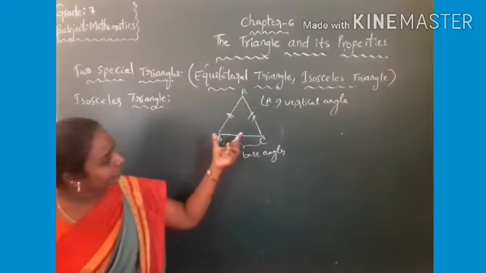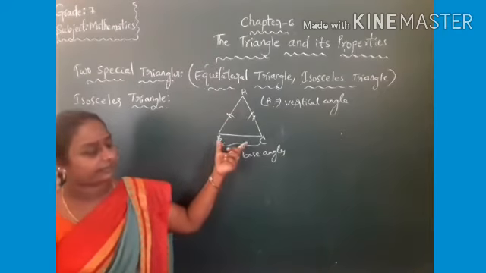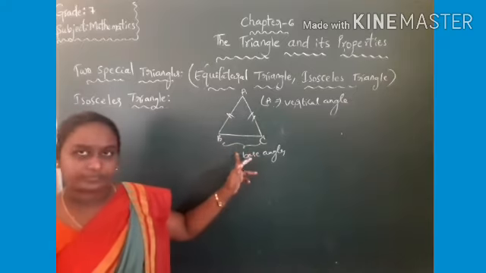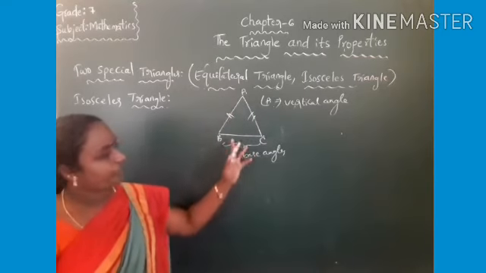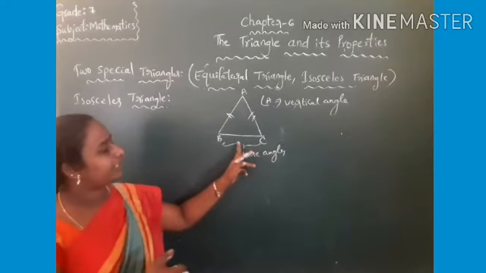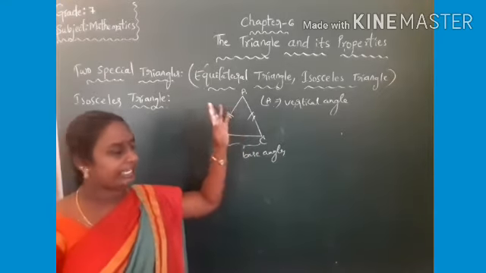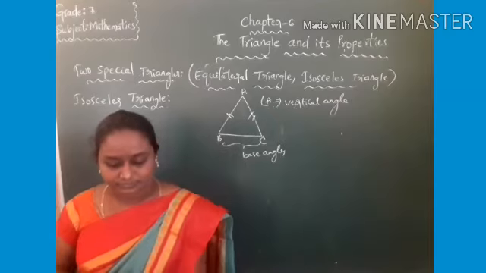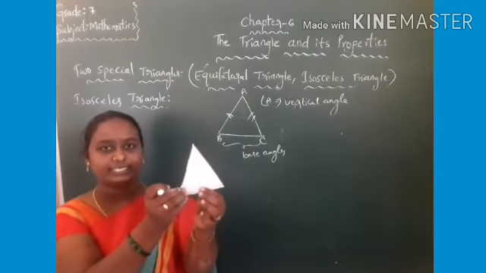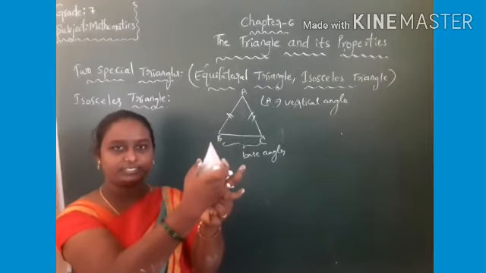You have to observe carefully. I already said that angles opposite equal sides are equal. How? I will explain it now. Take one isosceles triangle. Observe here: it is an isosceles triangle, two sides are equal.